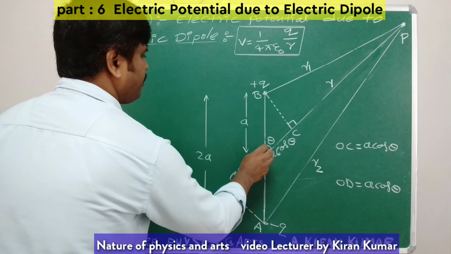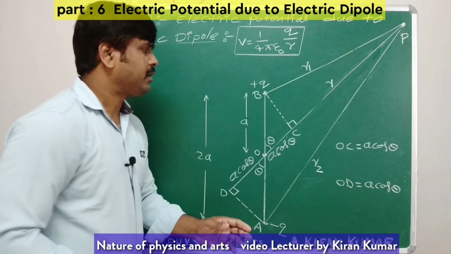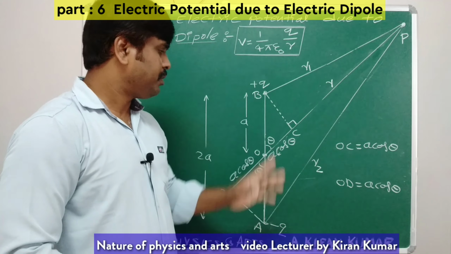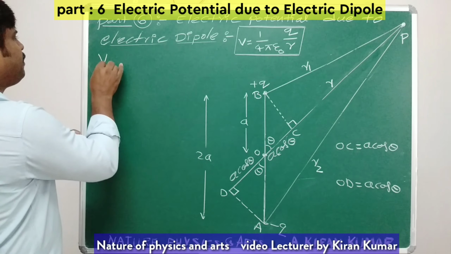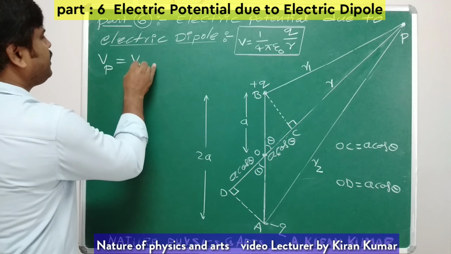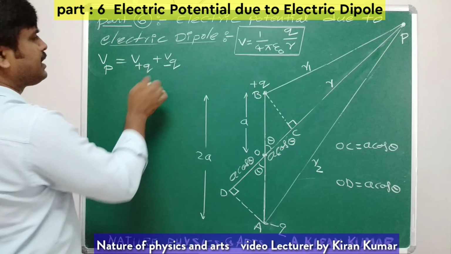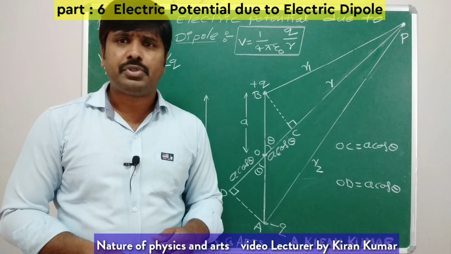Here O is the center. We need to find the potential at point P due to the positive charge and the negative charge. So the potential at point P equals V plus Q plus V minus Q, the sum of the potentials due to the positive and negative charges.